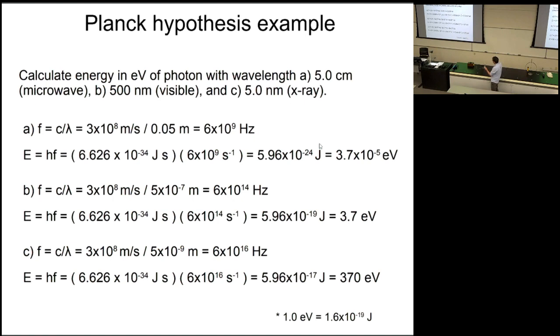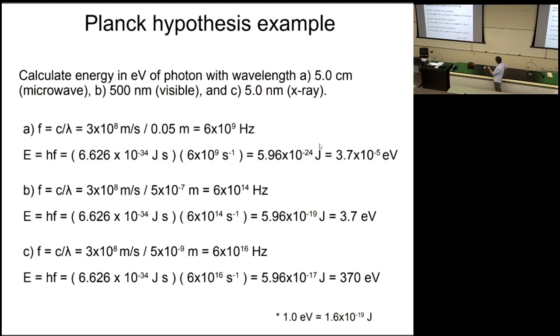In each of these 3 examples, A, B, and C, I'm just going to start with the relationship between frequency, wavelength, and speed. Speed of light equals frequency times wavelength. I'm going to rearrange it for the frequency, knowing the wavelength. So frequency equals speed of light divided by the wavelength.